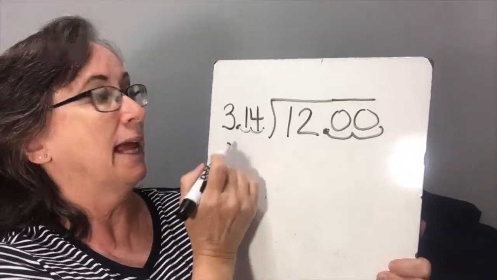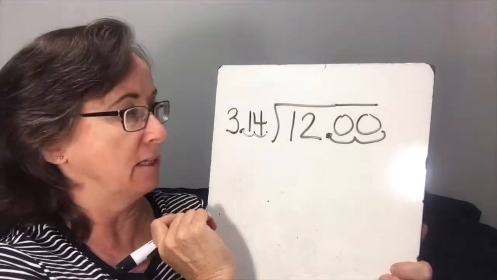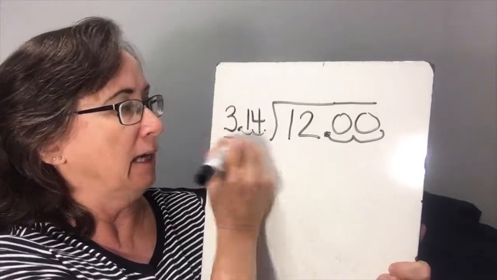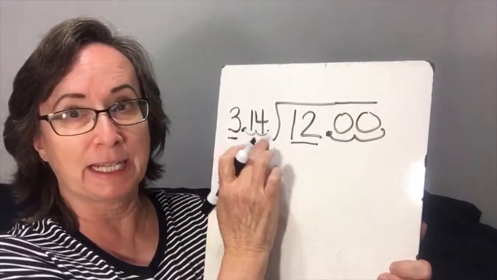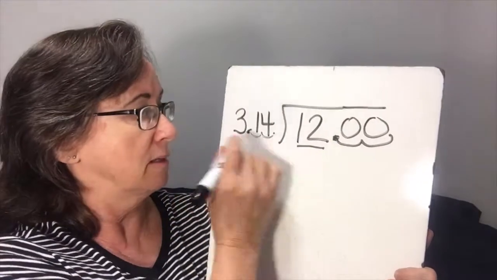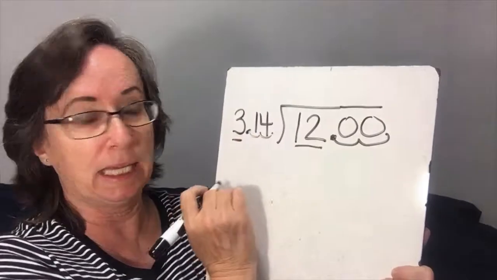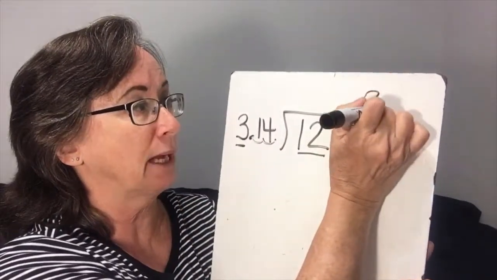So now we're going to approximate, which I've learned that many students have forgotten how to do. But 3 goes into 12 4 times, but we've got something left over, so we're going to say 3 times. So 314 would go into 1200 3 times. So we're going to put the 3.